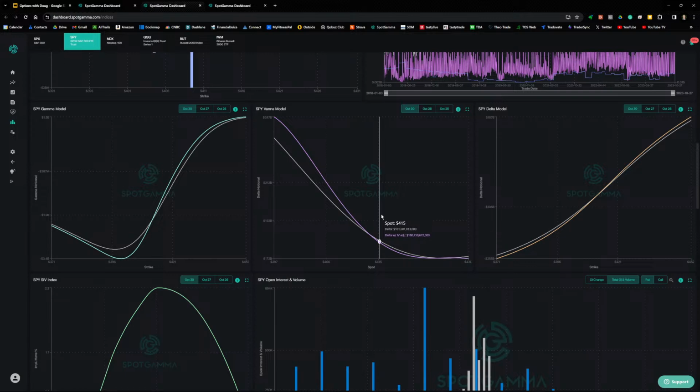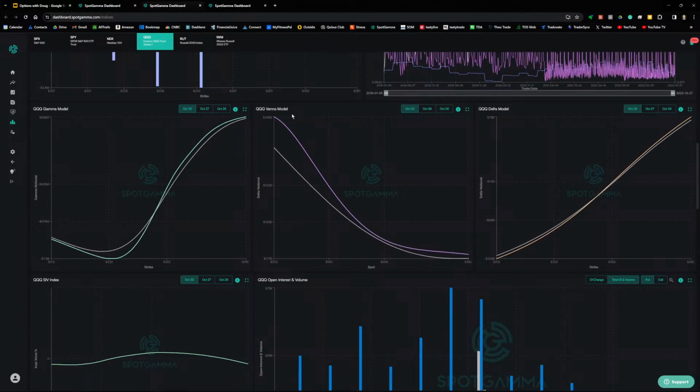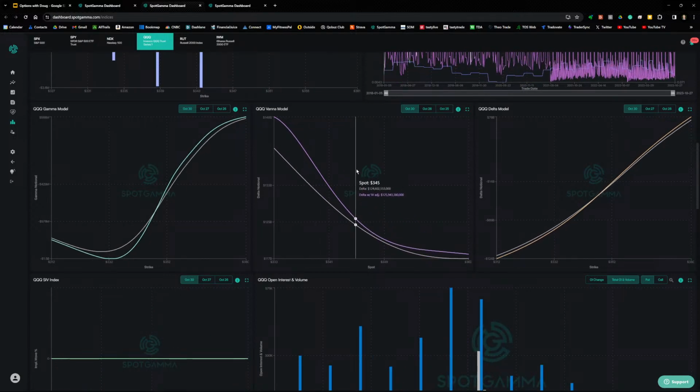So not quite as dramatic as the SPX curve, but as prices increase, market makers have been able to buy back short futures. Let's take a look at QQQ. Low of the day in QQQ around 346.50, somewhere around here, and very similar.